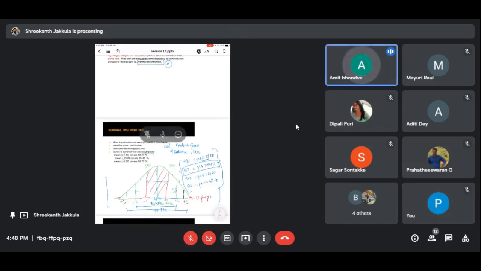So all the data in NSSO rounds, the National Sample Survey Organization or NSS, are organized or presented as quintiles. That is why it is important for us to understand quintiles. And why do they use quintiles?